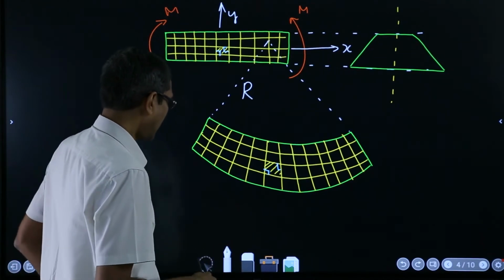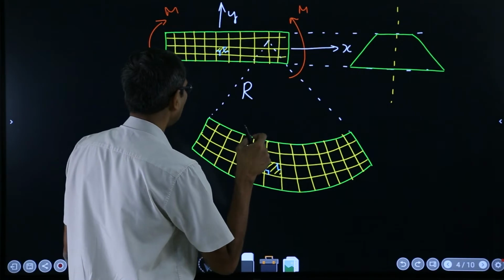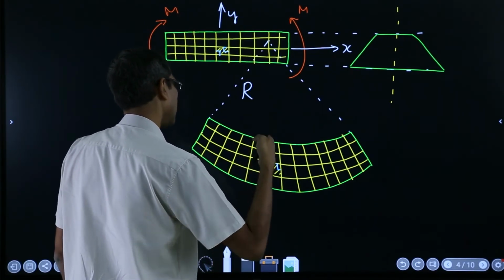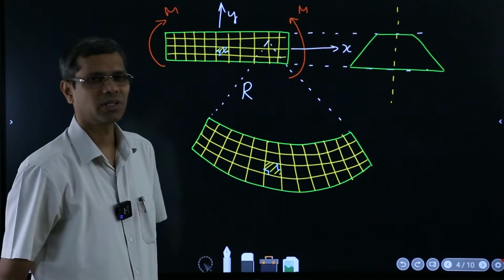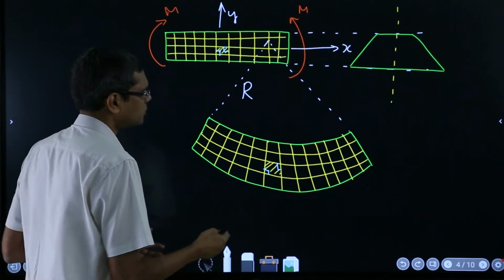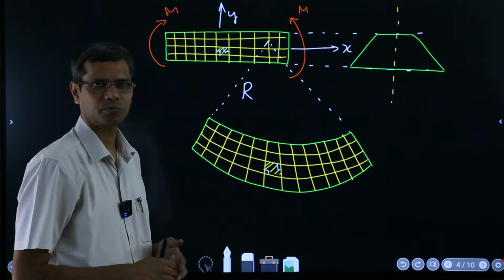And in fact we are not applying any normal forces in this direction, so the normal stresses also will be 0 in the z direction and in the y direction.